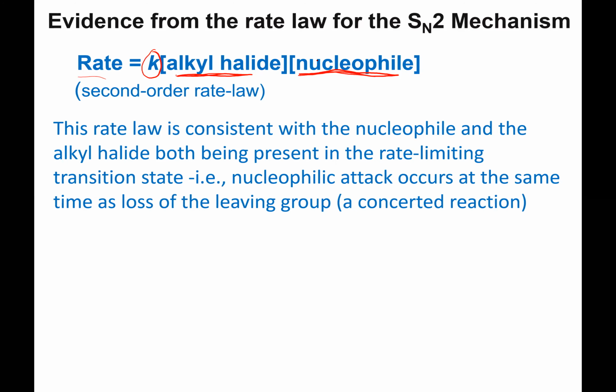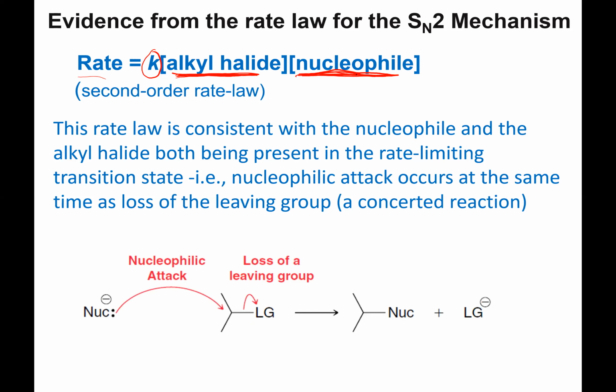And the rate law tells you the composition of the transition state. That's an important thing. So what this rate law is telling you is both the alkyl halide and the nucleophile are involved in the transition state, which is what we saw in the previous slide, right?